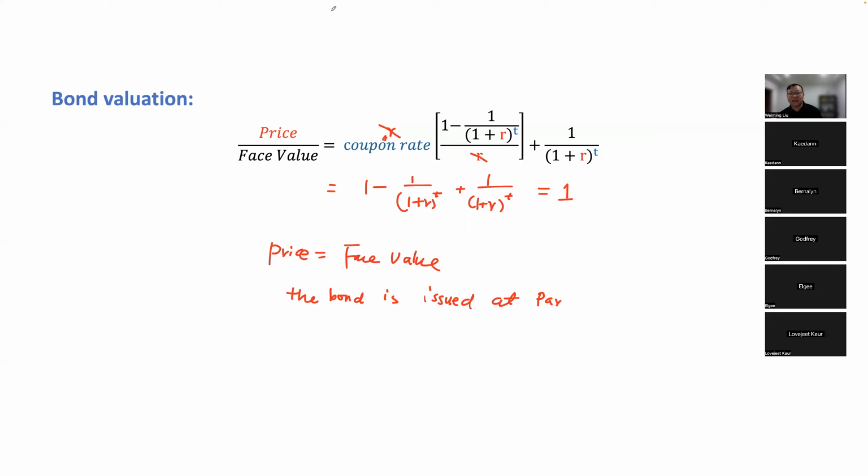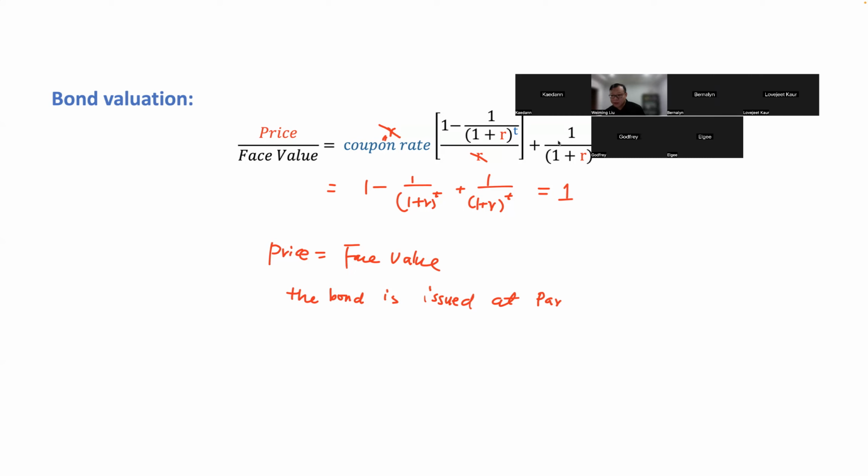Does this make sense? Tell me, does this make sense? When the coupon rate equals the market rate, the bond will be issued at the face value, and we say that the bond is issued at par. Okay, good.